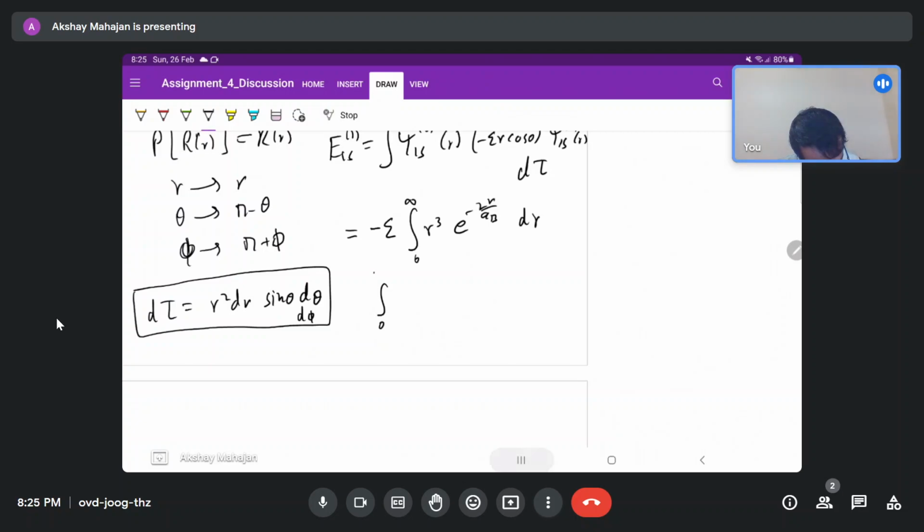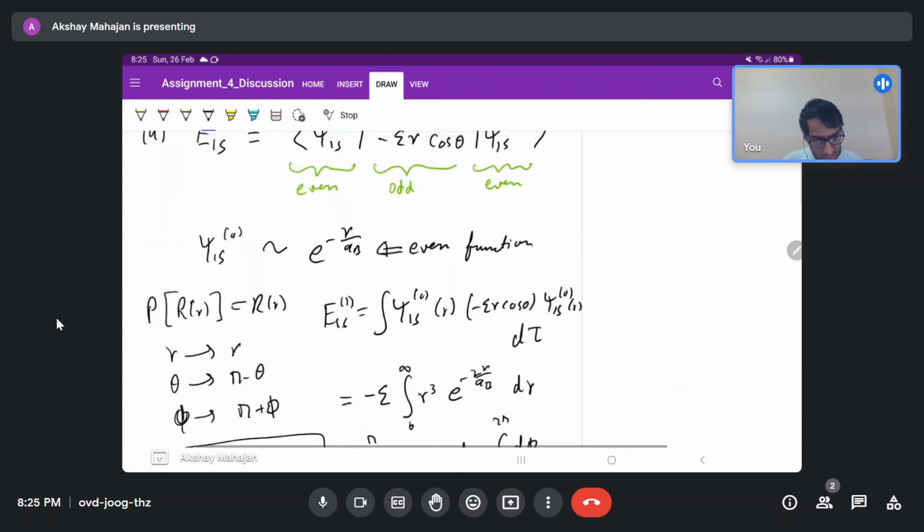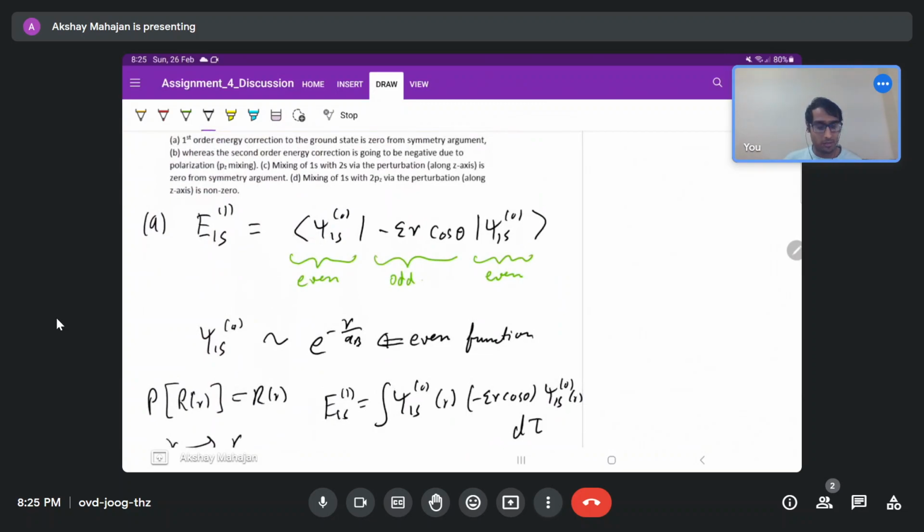Another integration will be from 0 to pi, sine theta cos theta d theta, times 0 to 2 pi d phi. So this integral will be equal to 0. This r cube e to the power minus 2r upon a_B will not be 0, it's from 0 to infinity, positive r values only. But this 0 to pi integral, sin theta cos theta d theta, will be 0, and that is coming from the odd function.